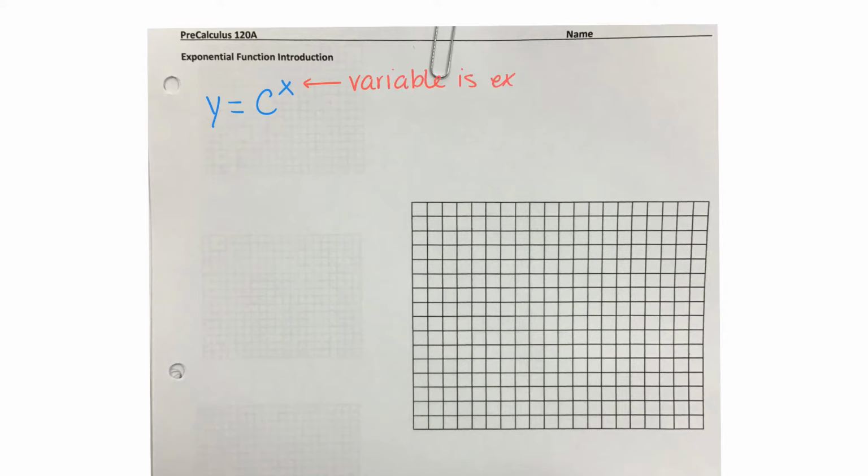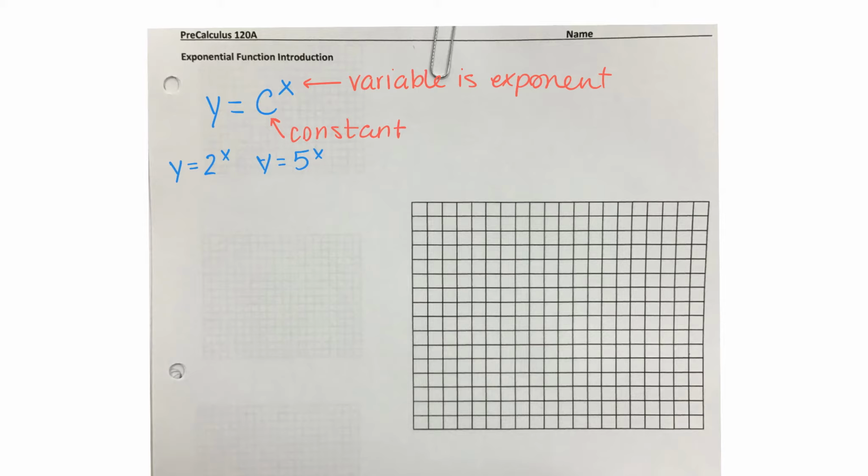Usually we have a variable in our number with an exponent, but now the variable is the exponent, and c stands for constant. An example of this would be y equals 2 to the x or y equals 5 to the x, all right? So our base is a constant and our exponent contains the variable.